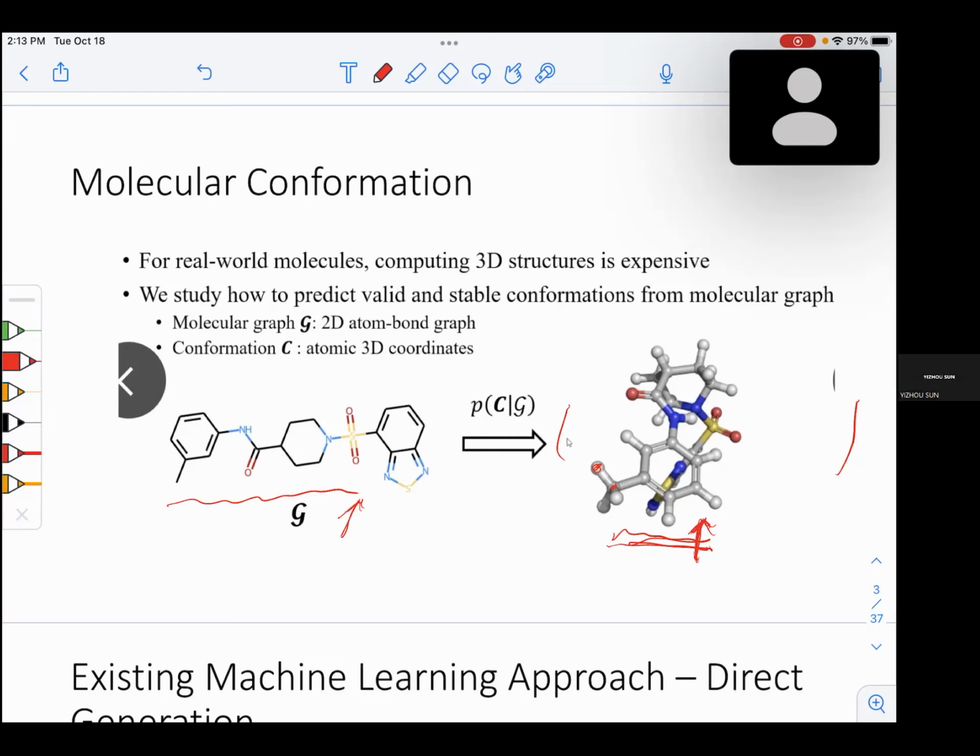Yeah, but there are two levels of change. The first level is to just make the 3D object do the translation and rotation as a whole. Of course, in this case, the coordinates just follow the translation and rotation. The second type of change is that we can maybe change the local structure.